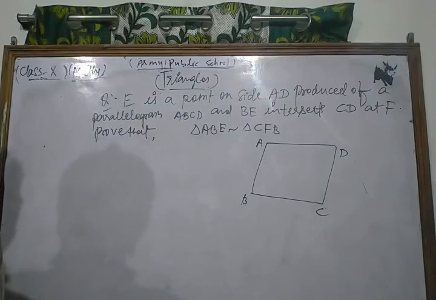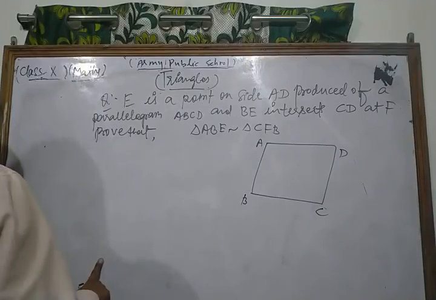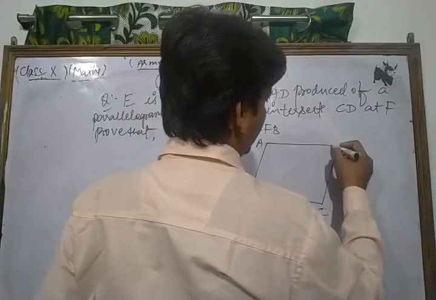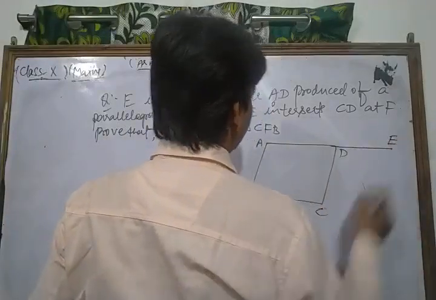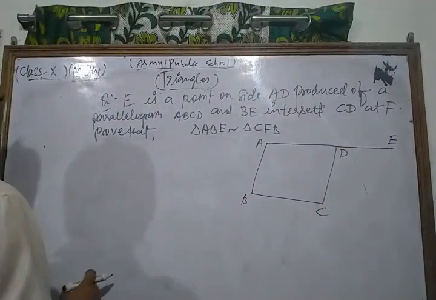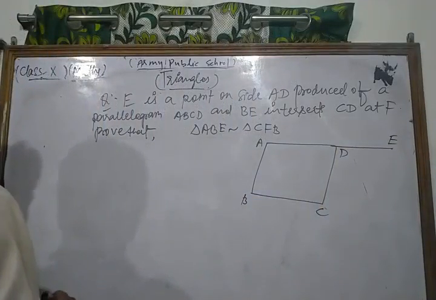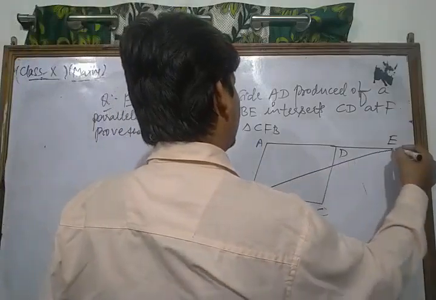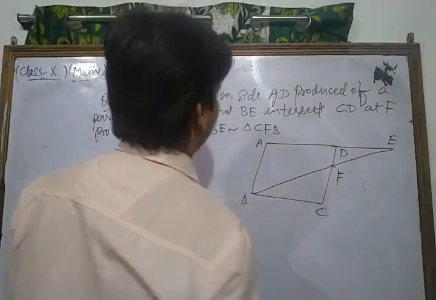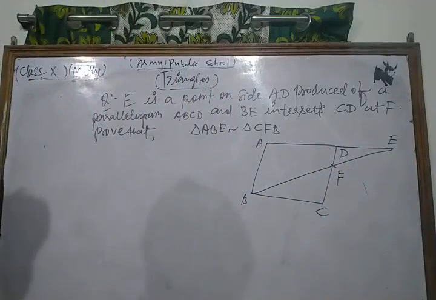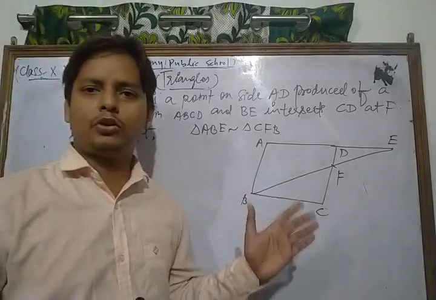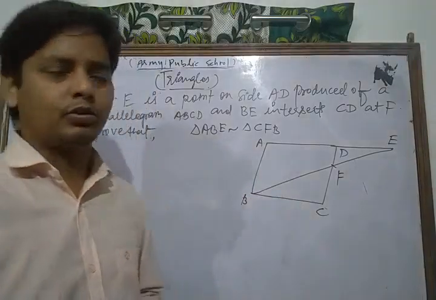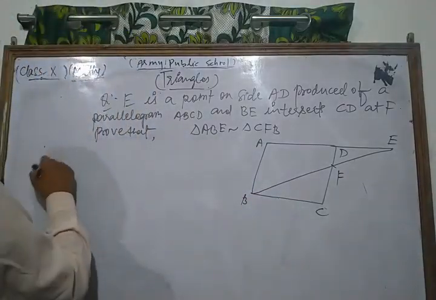E is produced to this point E, and BE intersects CD at F. Now look, BE intersects CD at F, and we have to show that ABE is similar to triangle CFB. This is also a very important question of your NCERT book. Now let's see its solution.